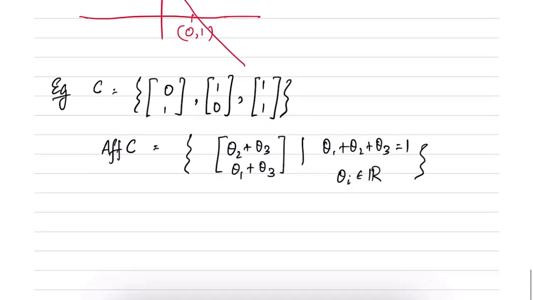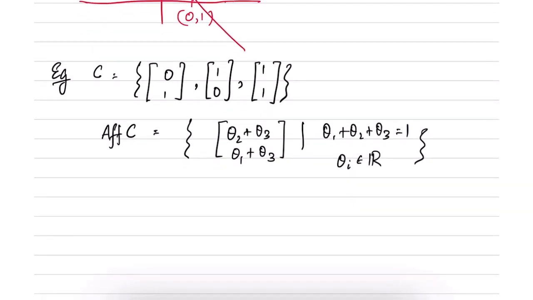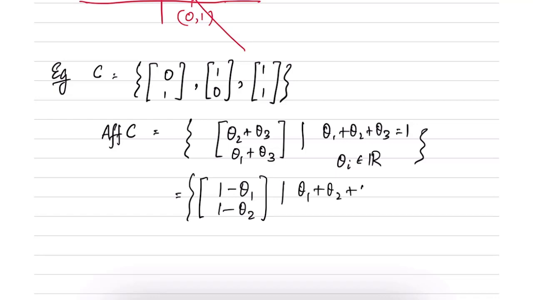And what is this set? Let us eliminate one of the theta i's so as to simplify it. Since theta 1 plus theta 2 plus theta 3 is equal to 1, the first point can be written as 1 minus theta 1. Likewise, the second point can be written as 1 minus theta 2, such that theta 1 plus theta 2 plus theta 3 is equal to 1.